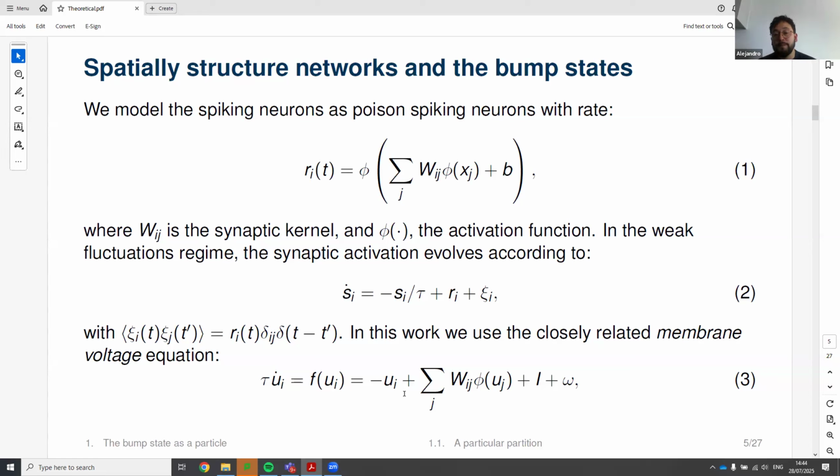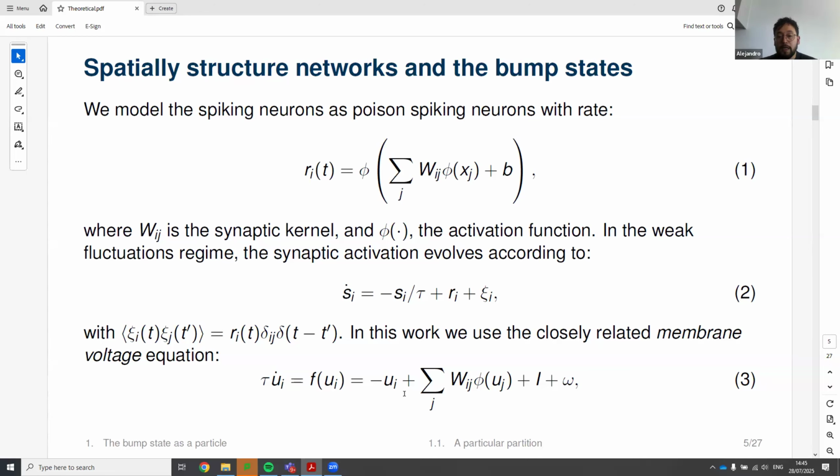We model our neurons, at least for analysis purposes, as Poisson spiking neurons with a rate that is time dependent and depends on the connections from other neurons and some bias there. Each neuron is connected to the other neurons through a synaptic kernel, which is kept the same in the spiking and the mean field representations. And then each neuron has an activation function, which in this case represents the rate of the Poisson process.